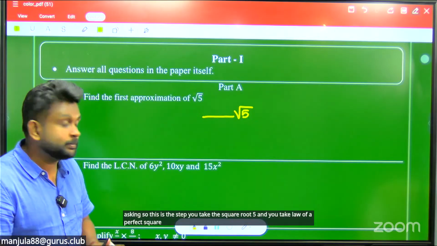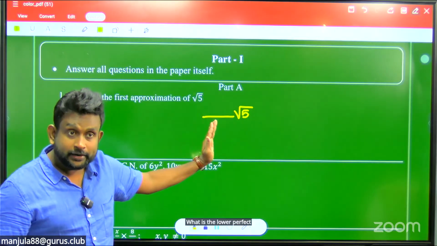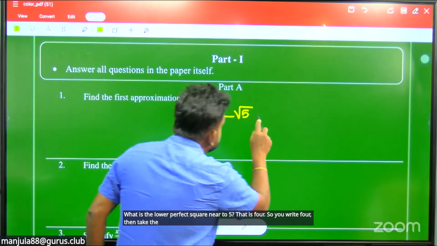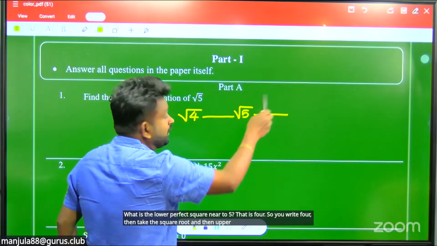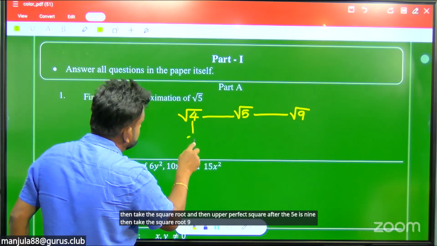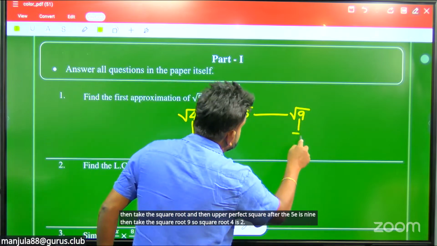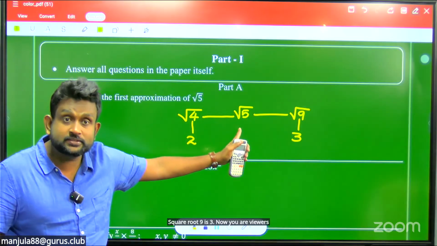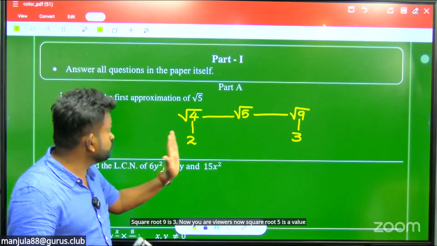What is the lower perfect square near to 5? That is 4. Then take the upper perfect square after 5, which is 9. Square root 4 is 2, square root 9 is 3. Now square root 5 is a value between 2 and 3.